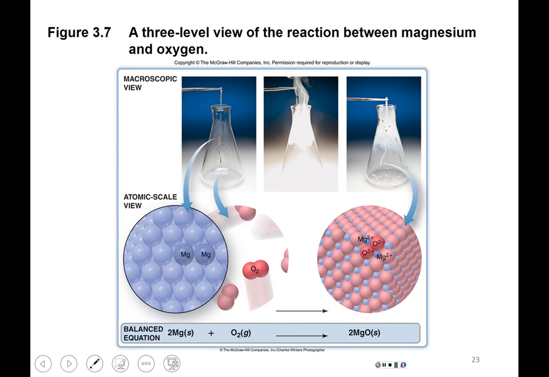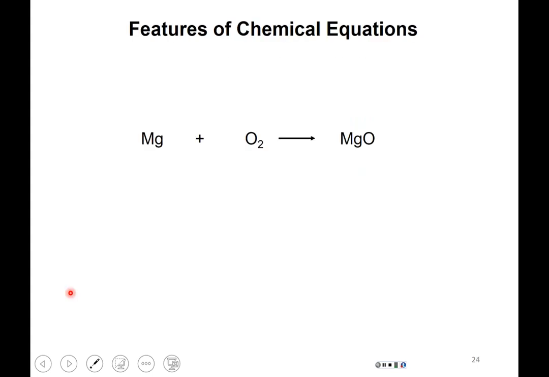You can really sort of think of them as molecules, but 2 formula units of magnesium oxide. Right? And you'll see that on both sides of that arrow, there are 2 magnesium atoms and 2 oxygen atoms, so that the equation is balanced, right?